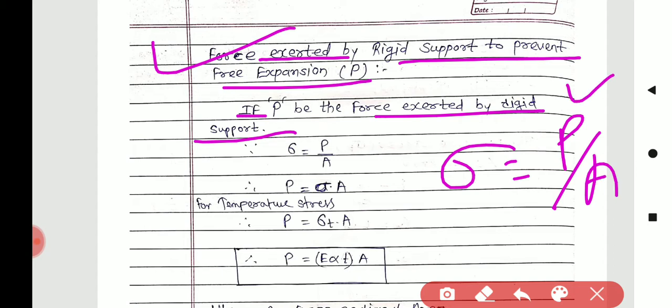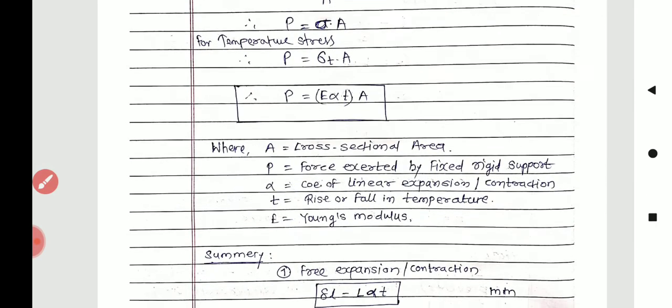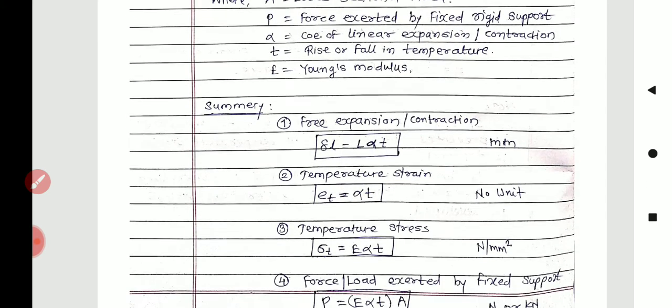In this case we need to determine P, so P is equal to sigma into A, then P becomes sigma T into A, but we know sigma T is E alpha T, which we have already determined in the last step. Therefore P becomes E alpha T into A. Here A is the cross sectional area, P is the force exerted by the fixed rigid support, alpha is the coefficient of linear expansion or contraction, T is the rise or fall in temperature, and E is the Young's modulus.